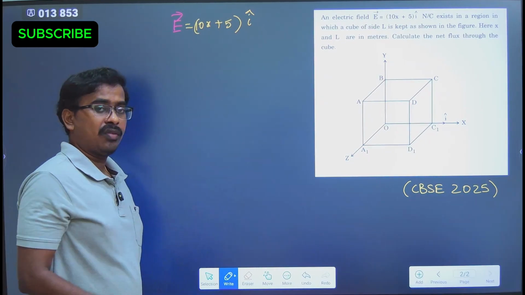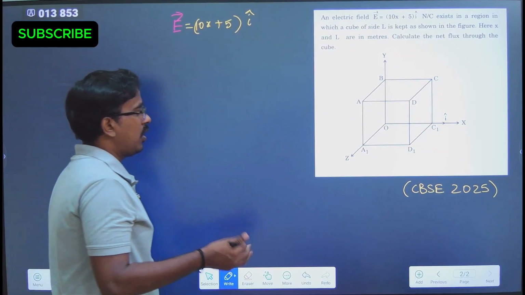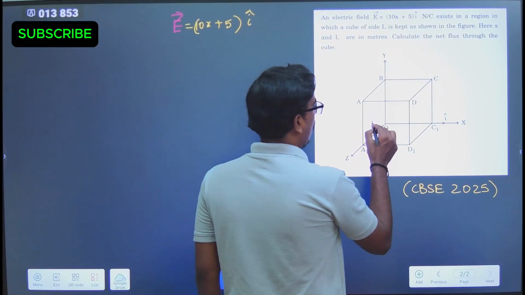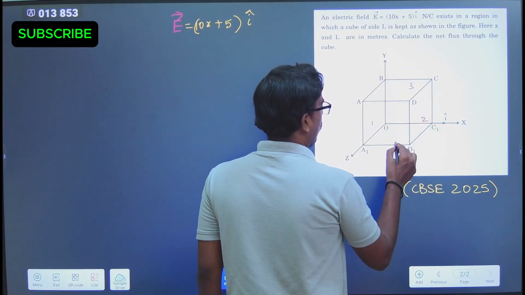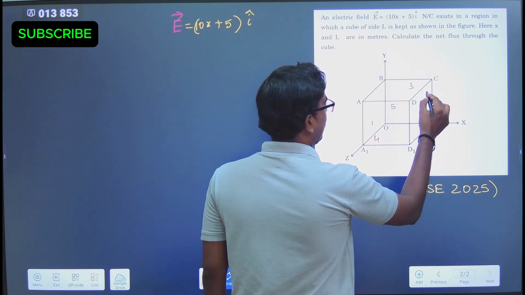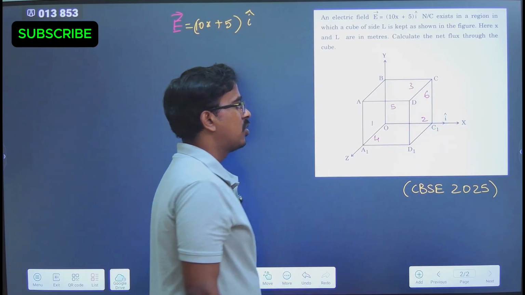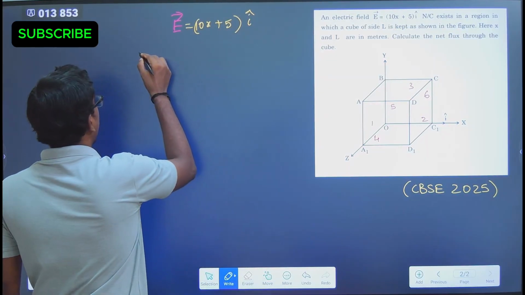Now, whenever you need to find the flux through the cube, the cube is a closed surface. So totally how many sides are there? 1, 2, 3, 4, front side 5, back side 6. So there are a total of 6 sides. For each side I need to find a flux.